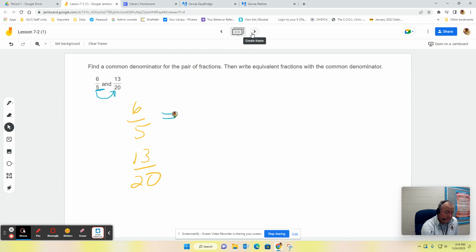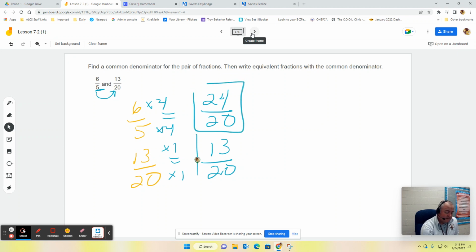Now that 20 becomes my common denominator. 5 times 4, 6 times 4. 6 times 4 is 24. 20 times 1, 13 times 1. There are my two equivalent fractions with the same denominator, 20.